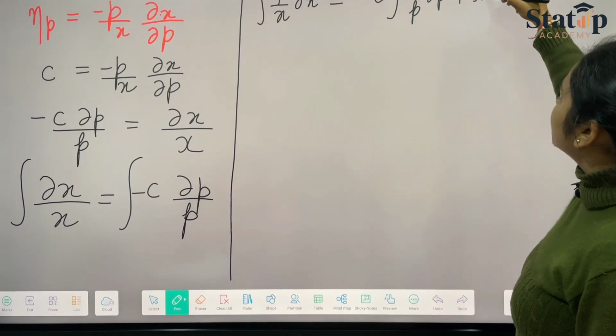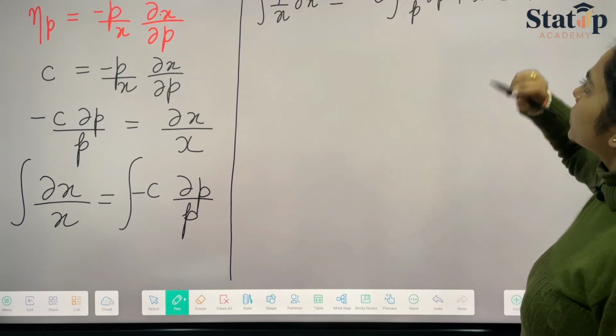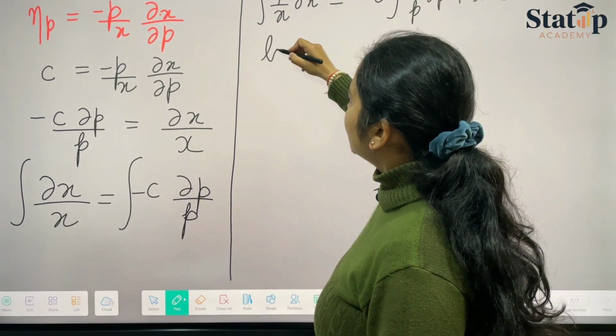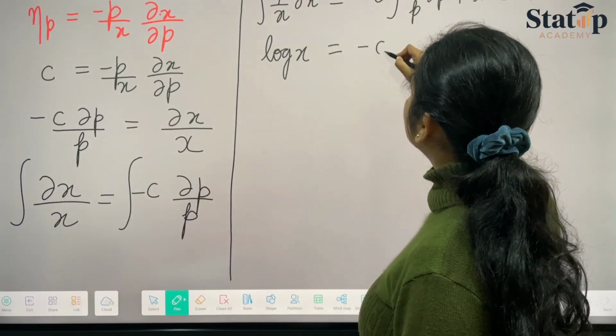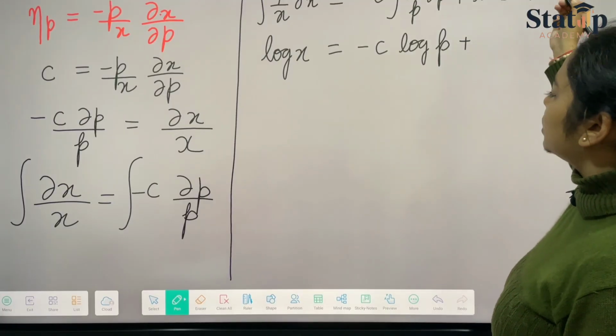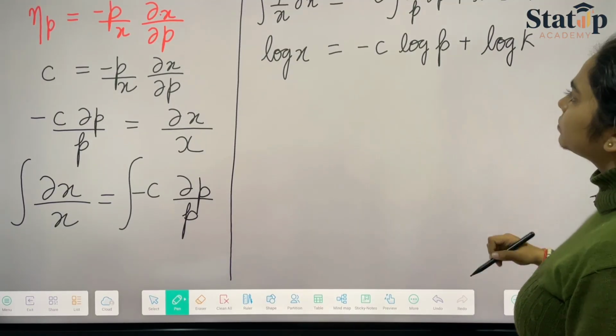Let us take here a constant. On integrating 1 upon x delta x we will be getting log x, and here we will be getting minus c log p. So the constant we have put here, let us take it as log k.